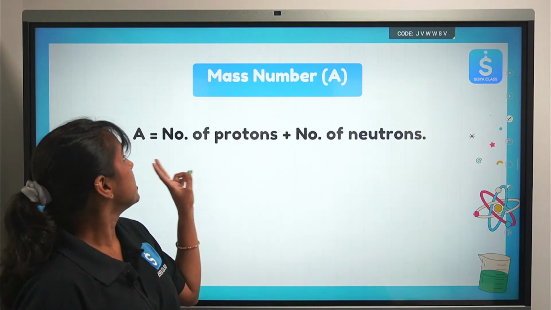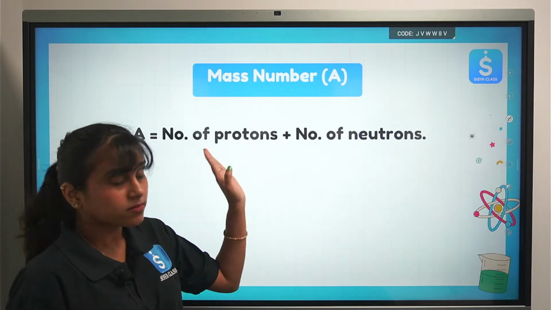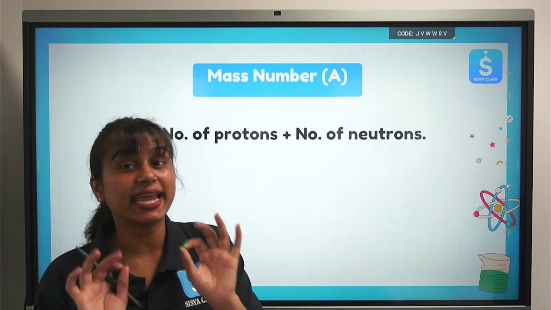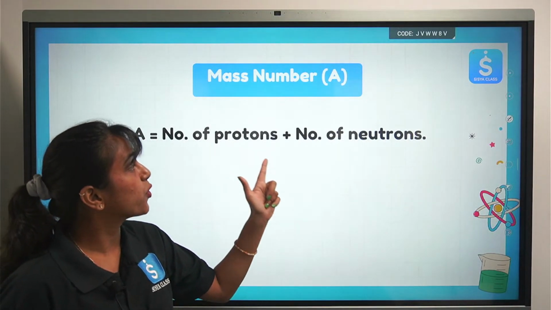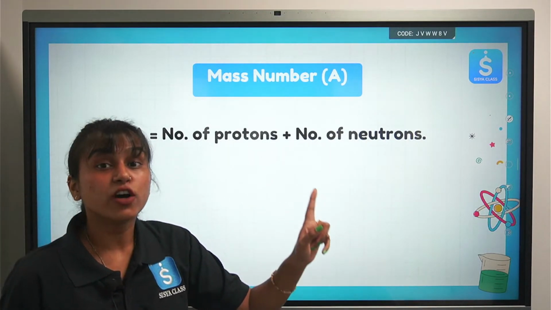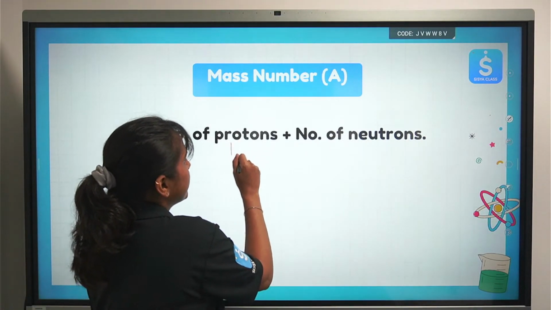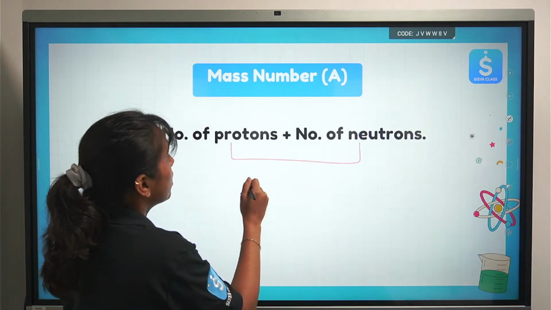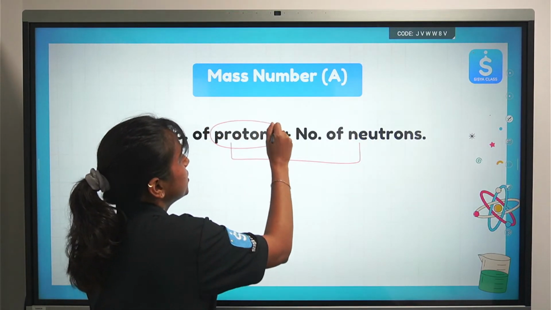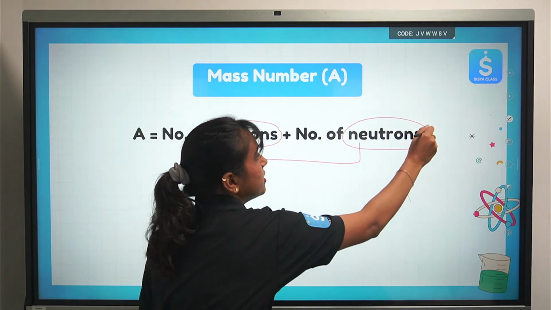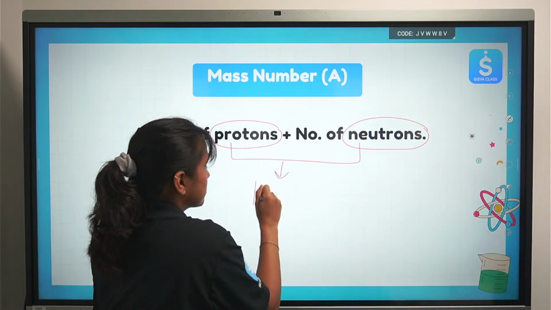The second is mass number, denoted by A. A is the number of protons plus the number of neutrons. Protons and neutrons together are also called nucleons.